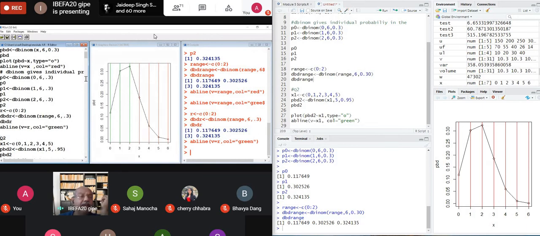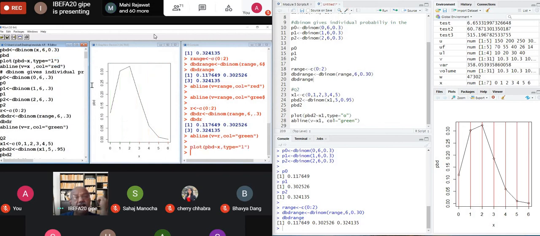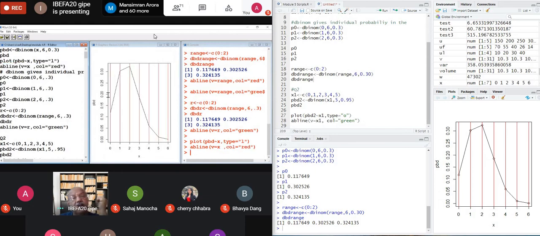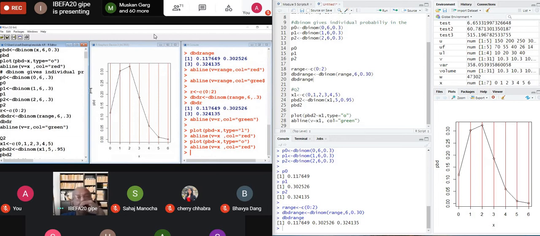For example, suppose I change that o to l and see my plotting. l means join the lines. And if I plot an abline, I will get the intersection. That intersection part I want to circle, so I just denote it by small o, which is the syntax in R. Clear?